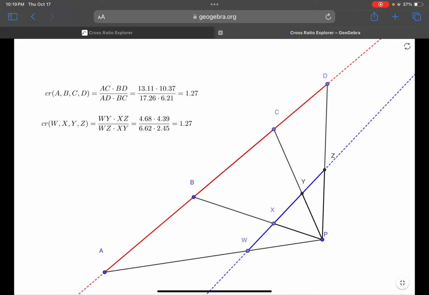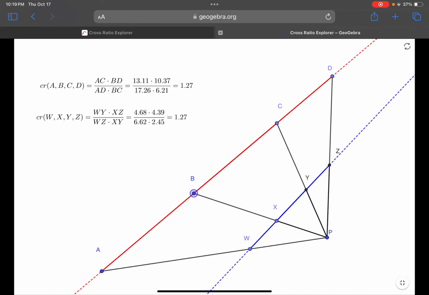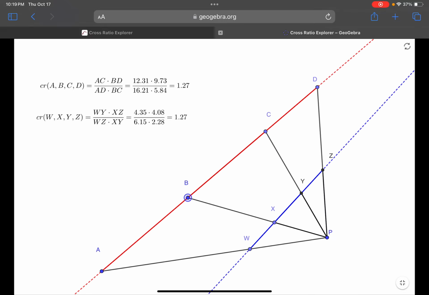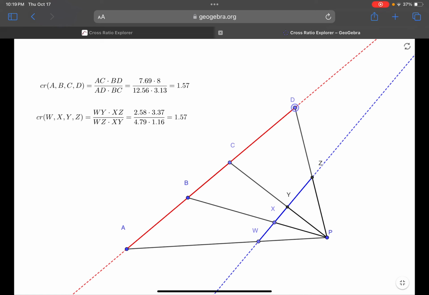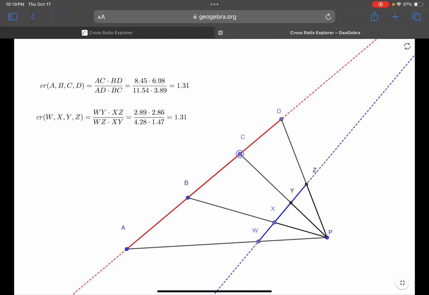We have A, B, C, and D. The way I have it built, you can grab this point B, grab this point A, and move this point C, and move this point D. And that moves the point Z so that Z is always in perspective with D. It moves the point Y so that Y is always in perspective with C, and so on.